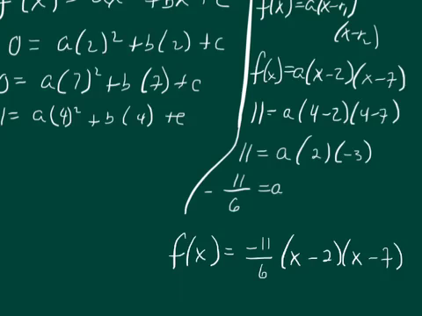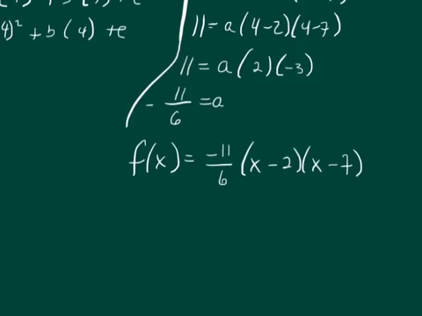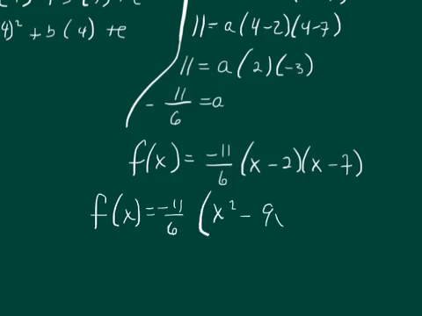If you were to actually go through this and put it in standard form, here's what it would look like. You multiply out the two binomials, FOIL them out, and then distribute the negative 11/6, which is going to be messy.